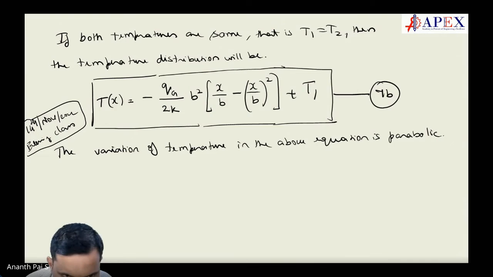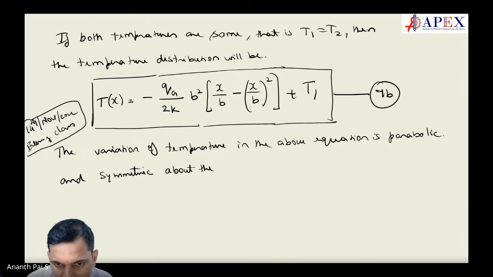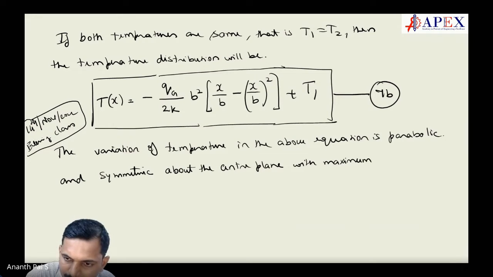And symmetric about the center plane, with maximum T max at x is equal to b by 2.